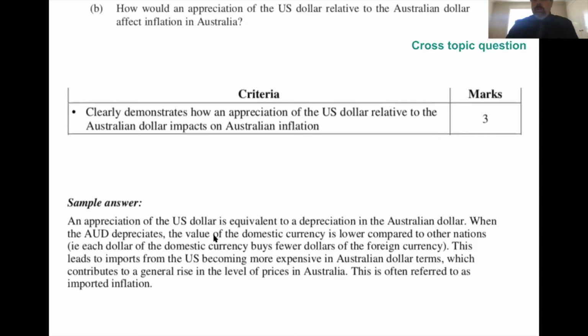We've built our answer around the fact that we've interpreted the appreciation of the US dollar first. So looking at that question, we're saying that with the Australian dollar, we can buy less from the US, and therefore that's going to lead to higher prices or more expensive purchases of imports, and that's imported inflation.